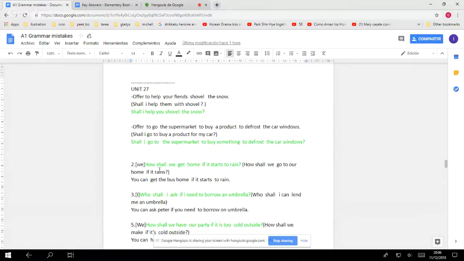Because borrow is about a different context when you use borrow and let. Yes, perfect. When you say how shall I ask if I need to borrow, si necesito pedir prestado una sombrilla.